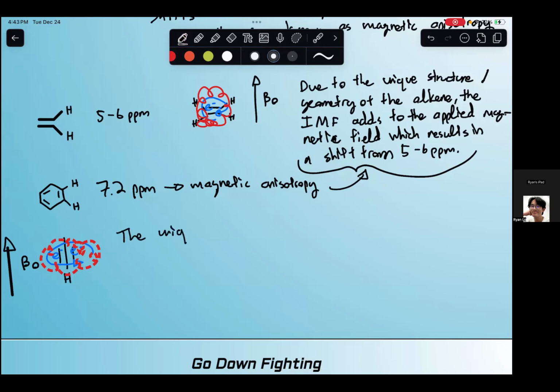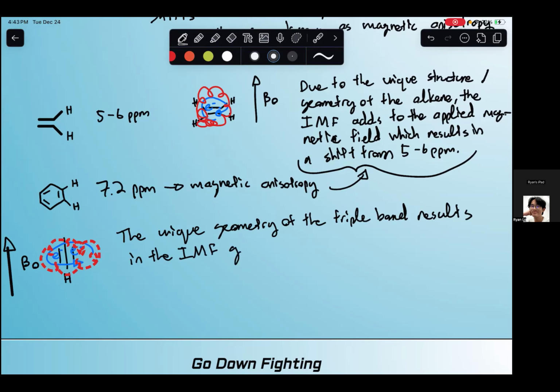So the unique geometry of the triple bond results in the induced magnetic field, or IMF, going against the applied magnetic field.